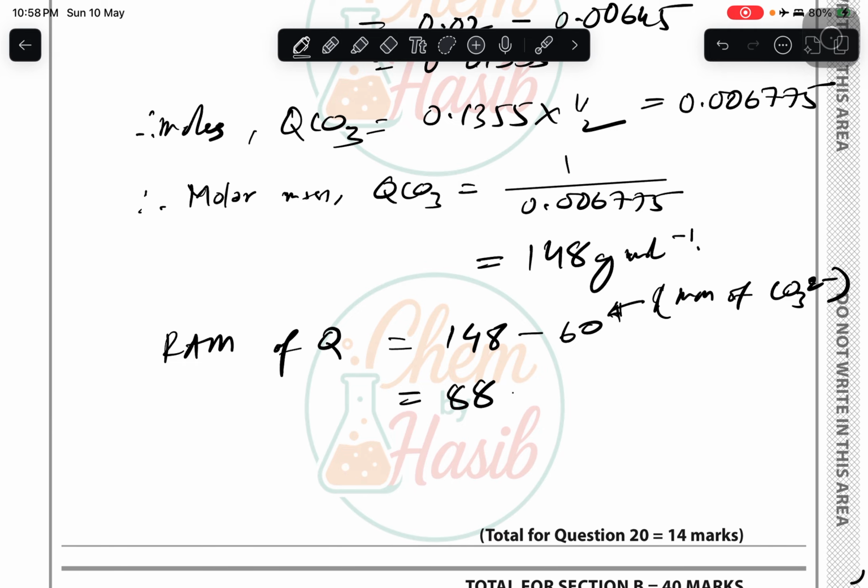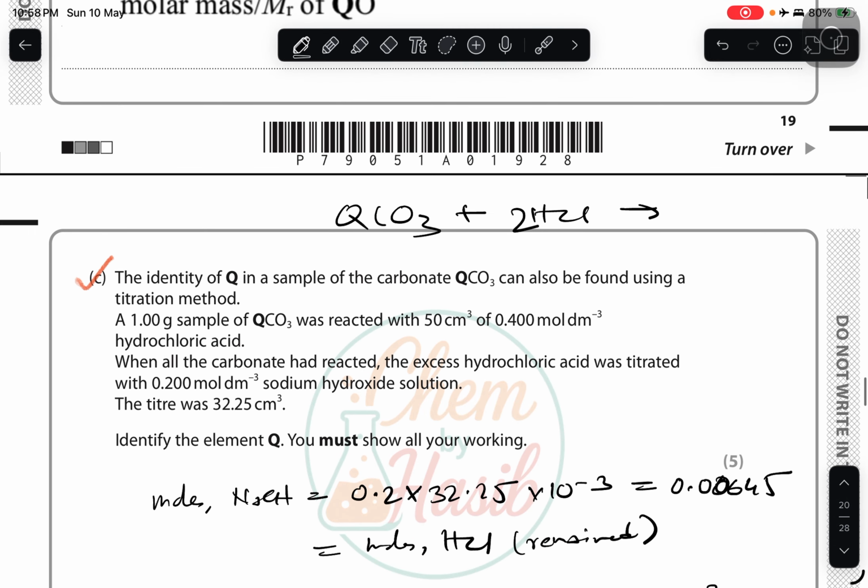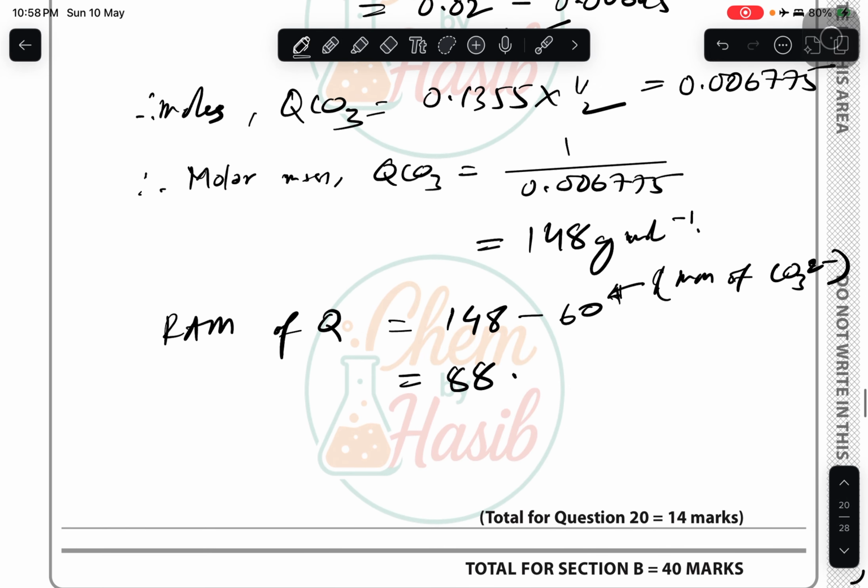So you have to identify the element Q. Now 88 is the relative atomic mass, and 88 is closest to strontium. So Q must be strontium. It has to be a group 2 element which has a relative atomic mass of 88 or very close to 88. Alright.